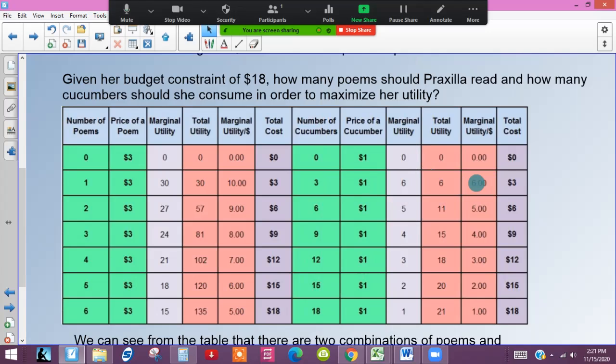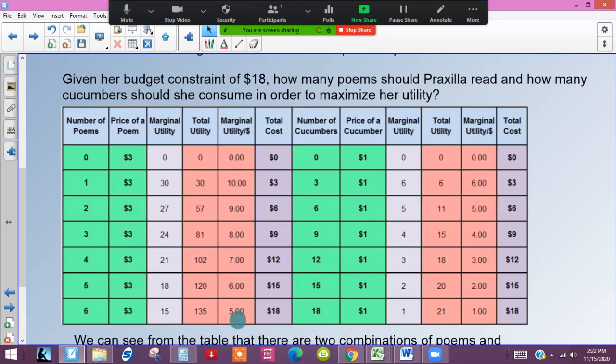So the total cost of 3 cucumbers is $3, and the total cost of reading 5 poems is $15. 15 plus 3 is 18. So there is our answer. She's going to read 5 poems and consume 3 cucumbers.